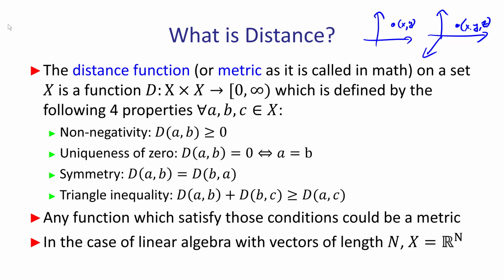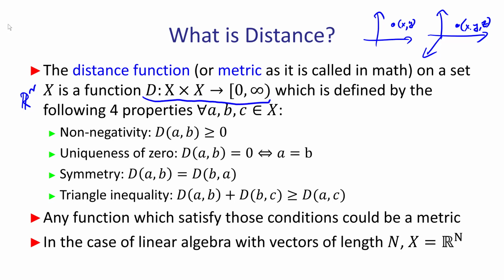So formally, the distance function, or metric, as it's called in math, on a set X, which could be any set of Rn or Cn, it could be a vector space or any other space, is a function defined like that.